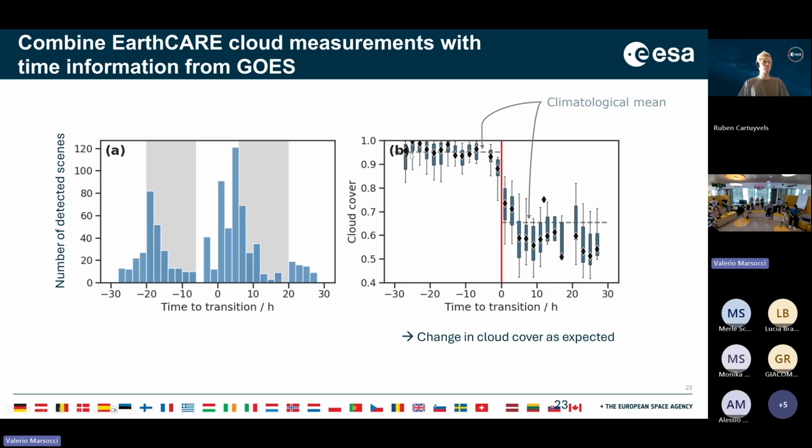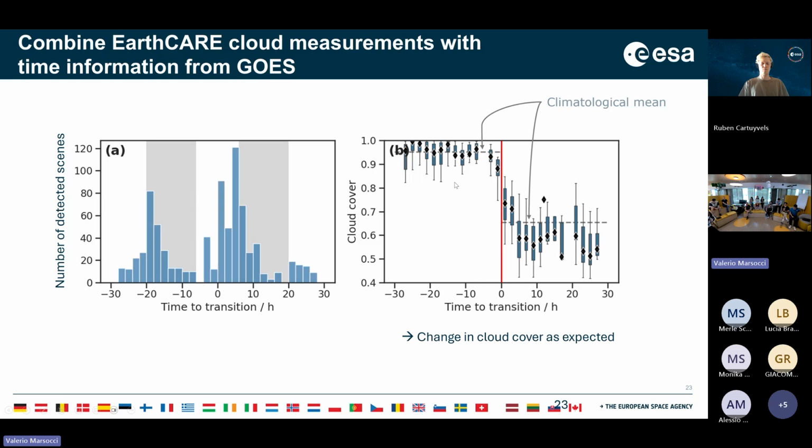Shown here is the cloud cover on the right, with these dashed lines in the background being the climatological mean. And then we can check how cloud properties change around transitions on average.